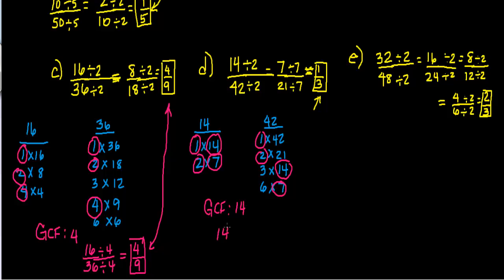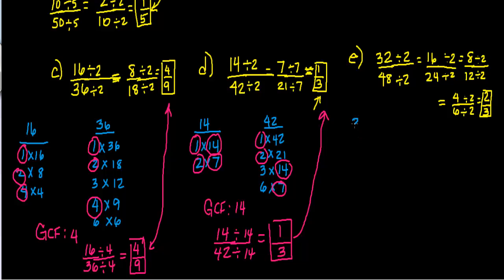That means that the original fraction, if I would have divided by 14 in the numerator and 14 in the denominator, I would have gotten 1 over 3, which is what I got doing it the other way. Let's do the same thing here, just so that you can see both ways.